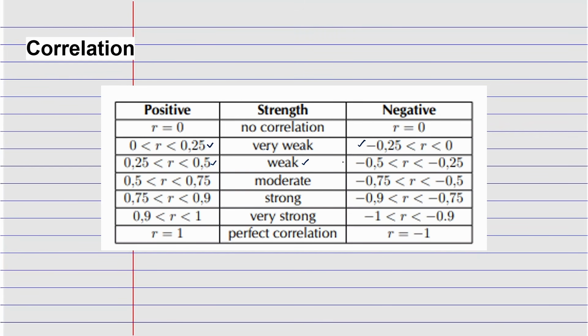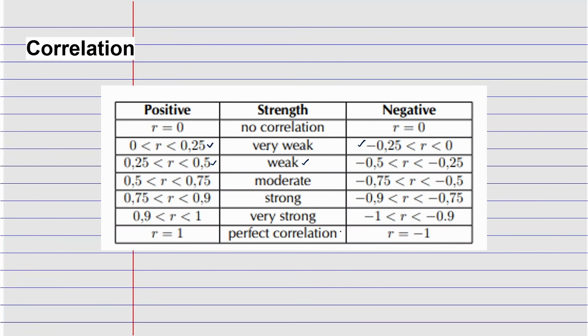Then if it is negative, it's going to be a strong negative correlation, right? Then if it's between 0.9 and 1, right, not including 1, it's going to be a very strong positive correlation if the value of R is positive. But if it is negative, it's going to be a very strong negative correlation. Then the last one, if R is equal to 1, then we're going to see the fact that that's a perfect correlation, right?